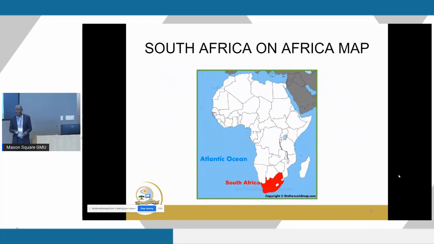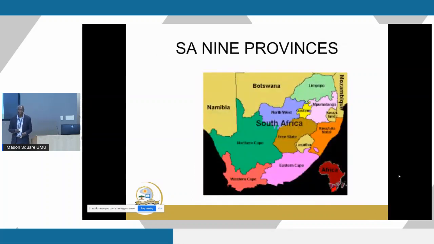In Africa, there are basically 2 countries which have Africa in their name: Central Africa and South Africa. This is South Africa. We have 9 provinces, and the province where I come from is the one there at the top, called Limpopo, and our university is named after our province. Limpopo is actually a river which separates South Africa from Zimbabwe.